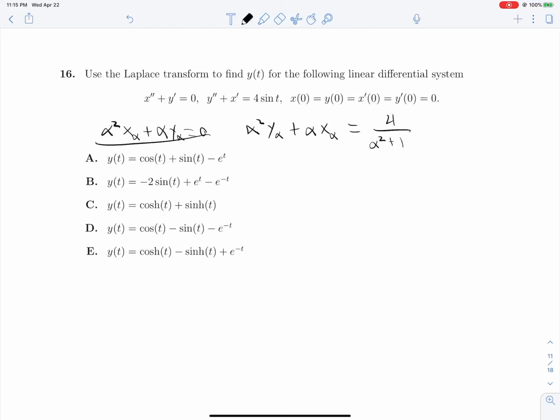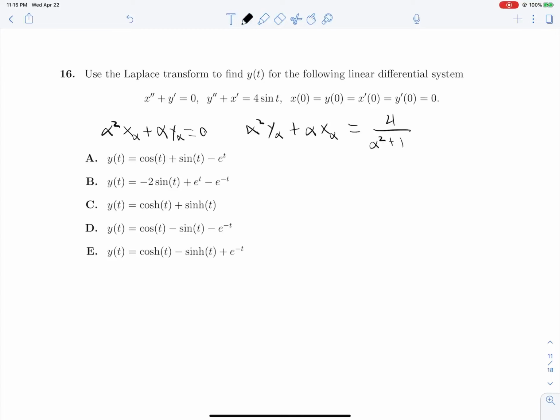Let's take this equation right here and say that alpha y subscript alpha is equal to negative alpha squared x alpha. Let's divide out an alpha, and there we go. We have a substitution that we can make into this equation here. Although I don't actually want to do it that way. We got to be careful because we're looking for y of t in the end. So instead of doing that substitution, we will rewrite this.